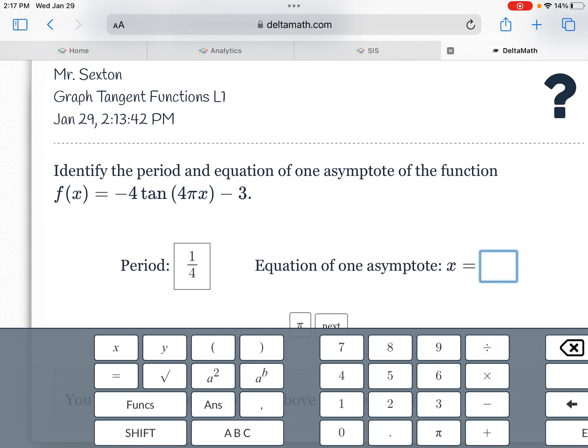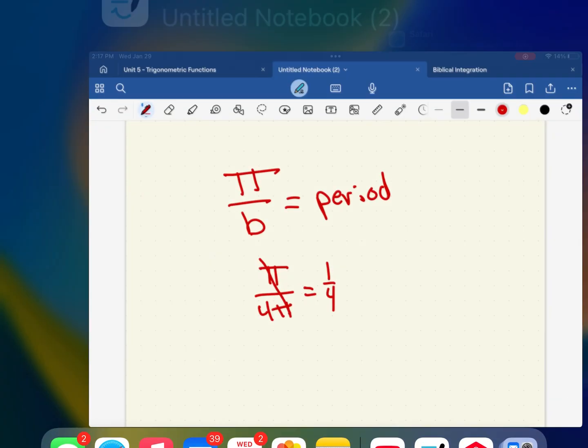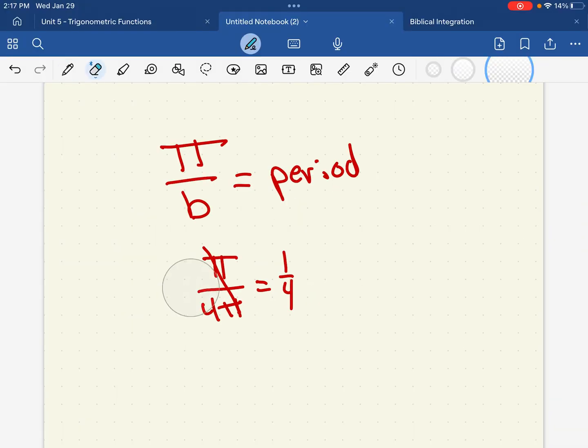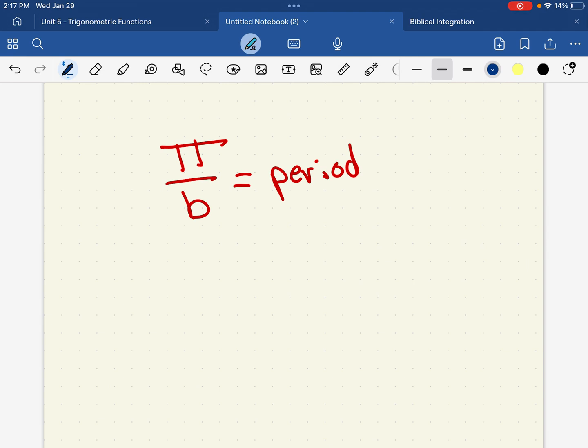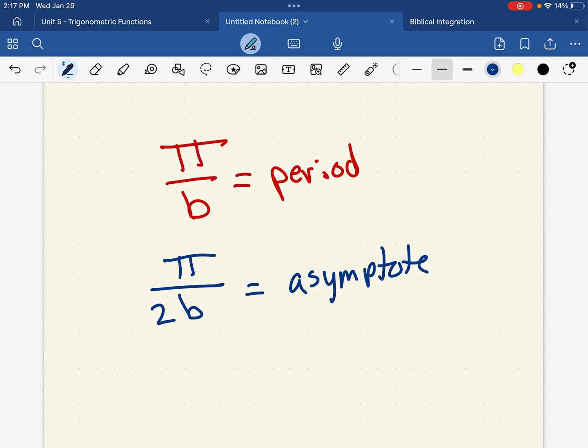Now next is the equation of the asymptote. And if you look at your notes, the equation for an asymptote is multiples of pi over 2b. And that is your asymptote. Okay?